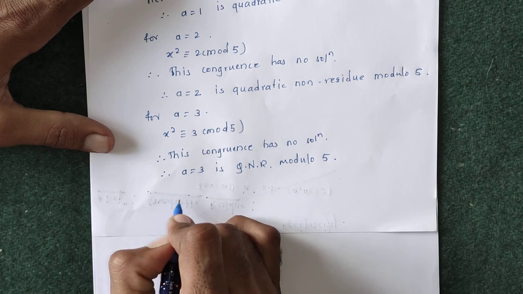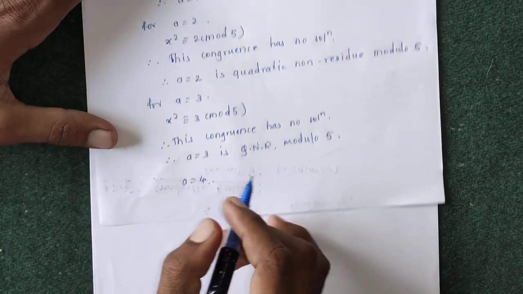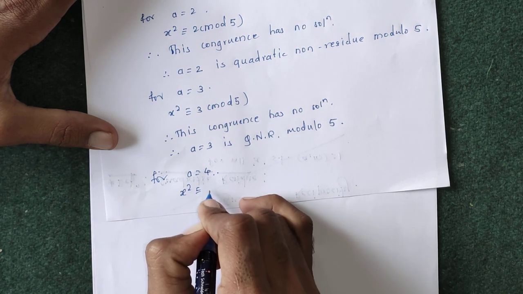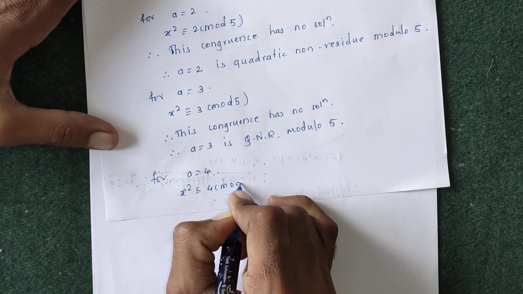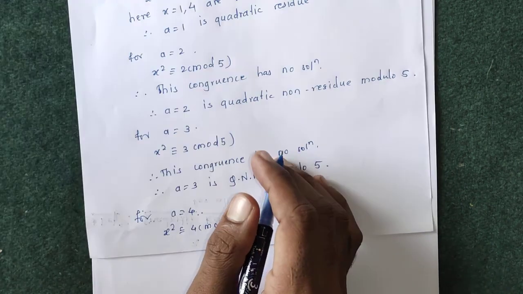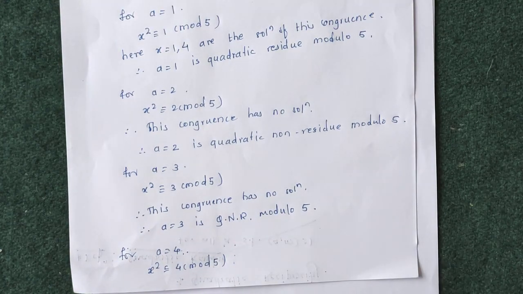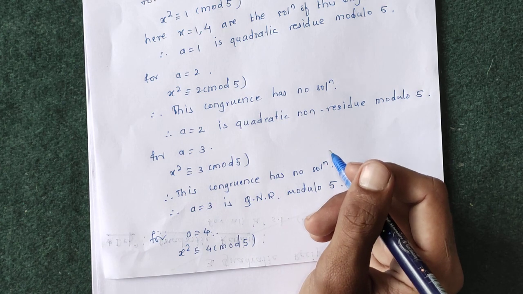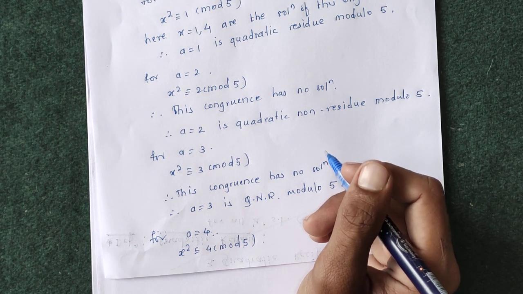Now for the last element, for a equals 4, we get the congruence x square is congruent to 4 modulo 5. If you put the value of x equals 1, then 1 square is 1, and 1 minus 4 is minus 3, and 5 doesn't divide minus 3.